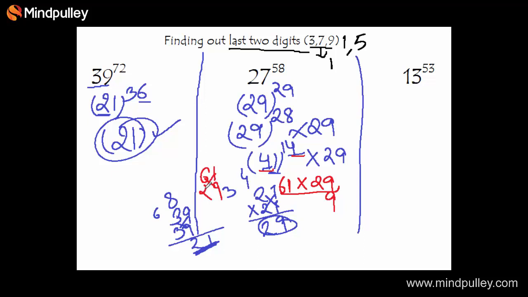Cross multiplication, because when we are multiplying a 2-digit number, the second digit comes from cross multiplication. 6 times 9 is 54. 54 plus 2 is 56. That's why we have the last 2 digits 69. Right? This is our answer for 27 power 58.